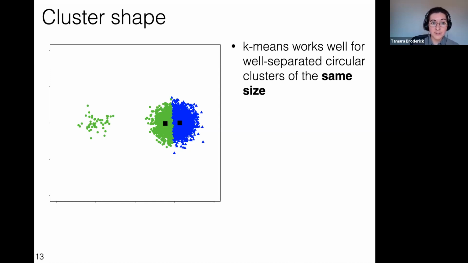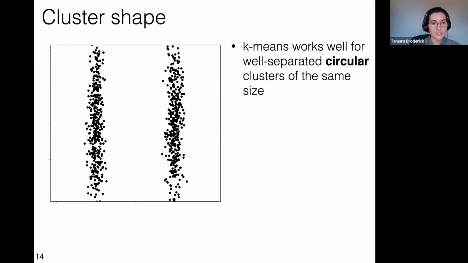If what I was trying to do, though, was to observe that there are sort of two different species here, and I massively oversampled one of the species, maybe without knowing it, because I didn't have the labels to begin with, but maybe one of them is just really easy to find in the environment, and one's relatively rare, I'm not going to find those clusters with k-means. I'm going to find this instead. So again, is this good or bad? Depends on what you're trying to do. Okay, so that's two different notions of same size.